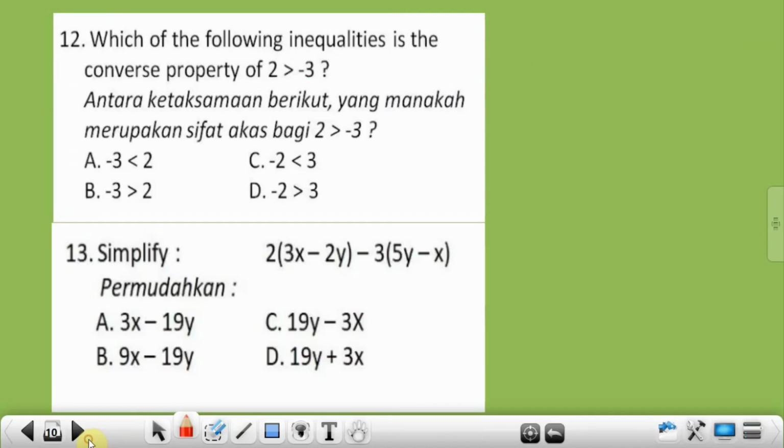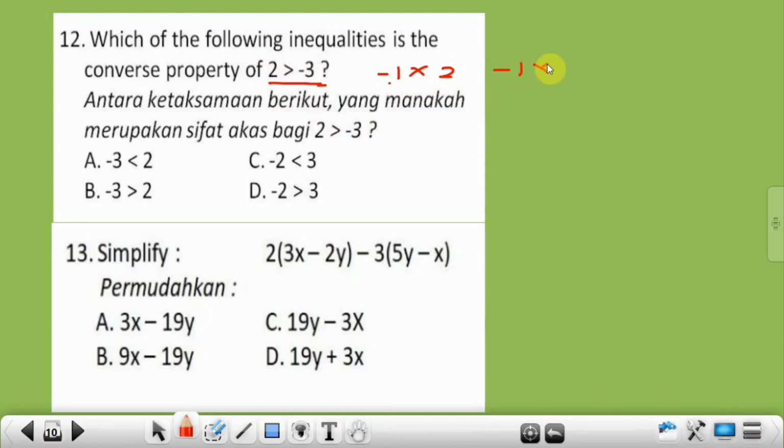Okay. Next. Which of the following inequalities is the converse property of this one? Okay, so if it's the converse property, let's say we multiply both sides by negative 1. Same goes here.